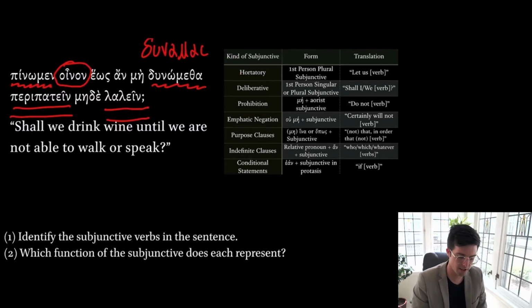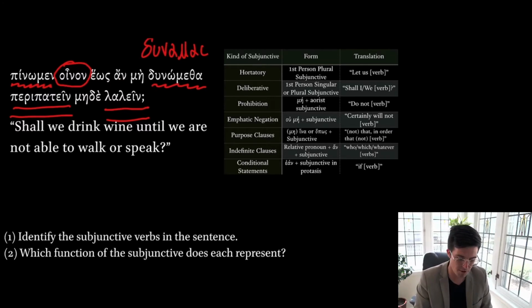And so this one is a little bit trickier as to the function of the subjunctive here, because this is actually a not entirely rare, but a rarer case where we have a sort of whenever, until ever. We would translate this as whenever, or until we are not able, but it falls into the indefinite clause here. We don't have a relative pronoun here, but we do have the relative sense of heos being sort of until, and then with the an, we get that indefiniteness.